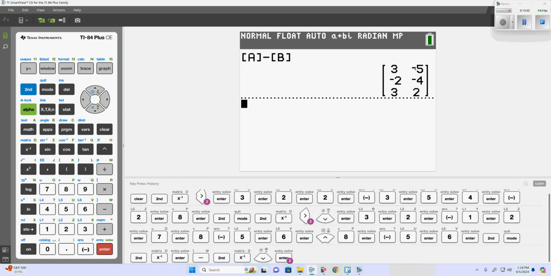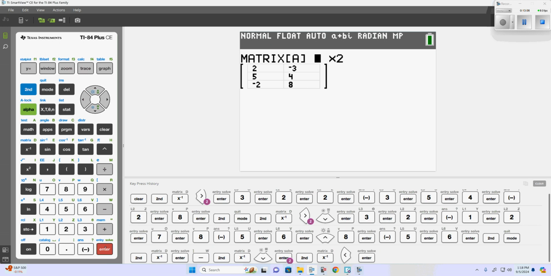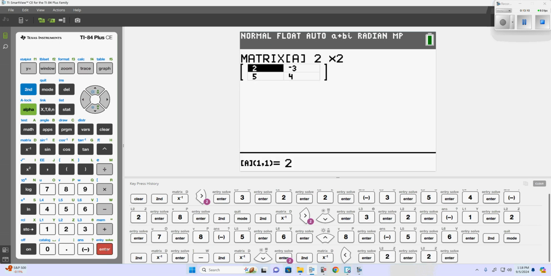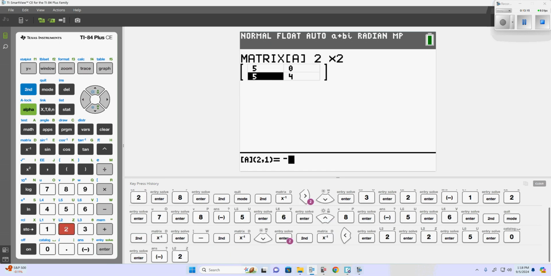Let's do this one. So the first thing I would need to do for this is to input the first matrix. For us here, it is a 2 by 2. So we have 5, 0, -2, 4. Quit.